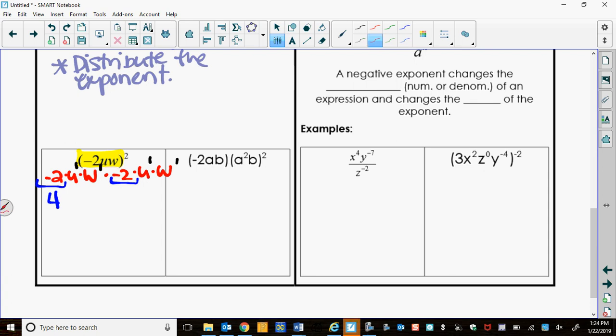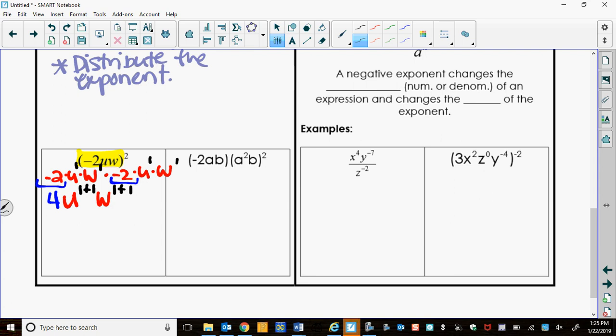And then based on the first rule that I talked about, the rule where if you have the same base, you have to add the exponents. So in order for me to solve for the new exponent of u, I'm going to take that first exponent of 1, which is right here, and I'm going to add it to that exponent. So this is what my work will look like, because there's 2 u's. And then for w, I have w to the first power plus 1.